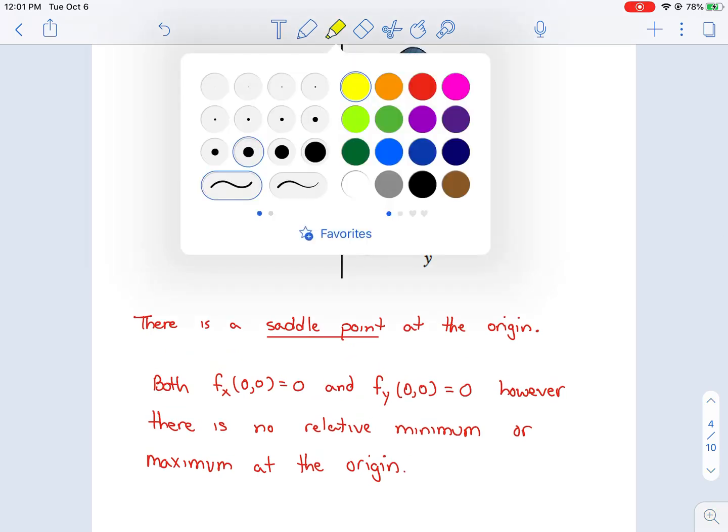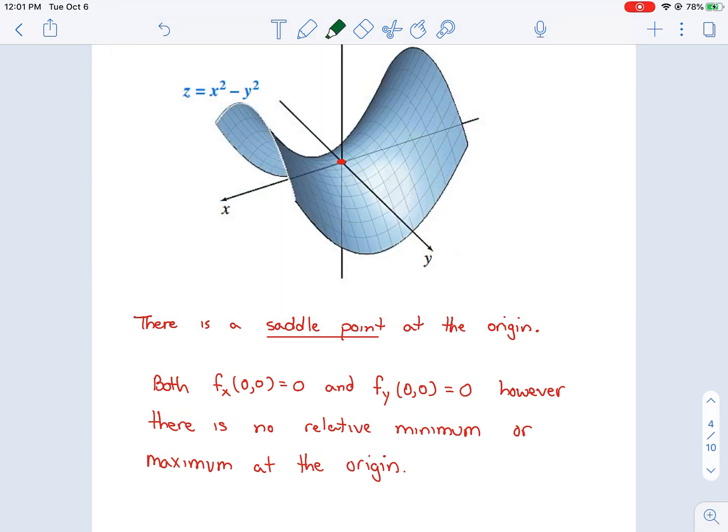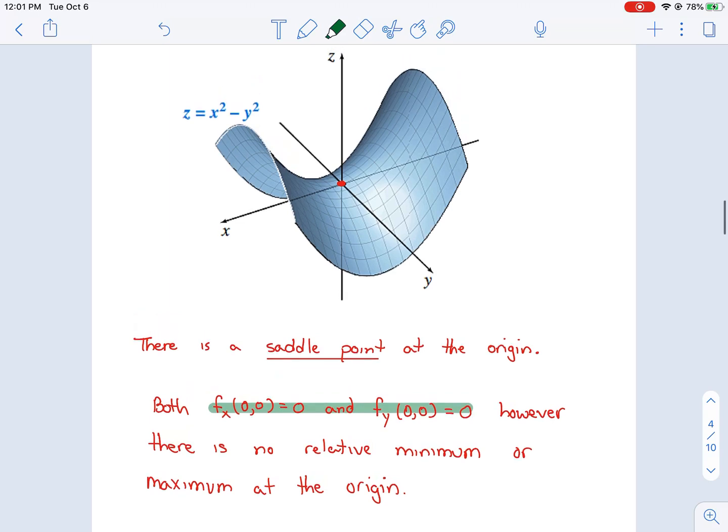Okay. So both partial derivatives at the origin equal 0. So if I were to draw a tangent line parallel to the y-axis and a tangent line parallel to the x-axis, the slopes of those tangent lines will equal 0, so the partial derivatives at the origin will also equal 0.